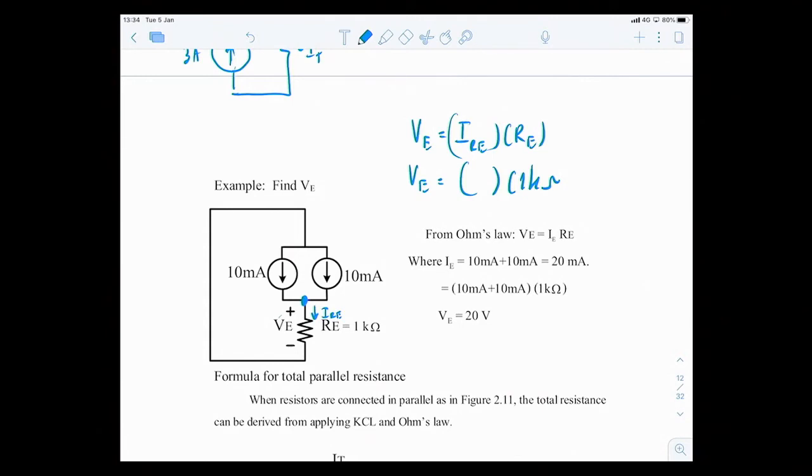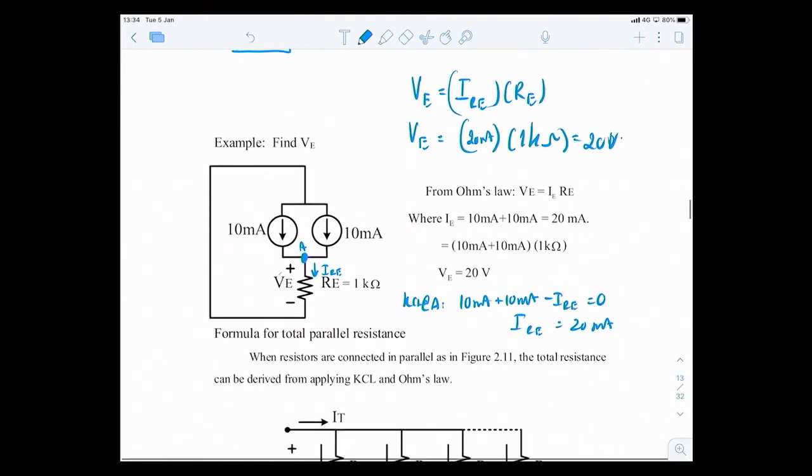So I can write KCL: 10 milliamps going in plus 10 milliamps going into that node, and IRE is leaving that node. If I say this is node A, KCL at A equals 0, so IRE is 20 milliamps. Inserting 20 milliamps here, you get 20 volts as the answer for the voltage. So now we have used a combination of KCL and Ohm's law together to solve simple problems.